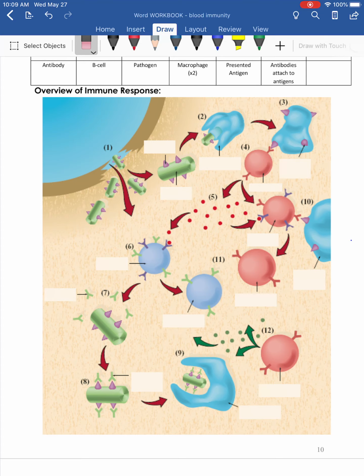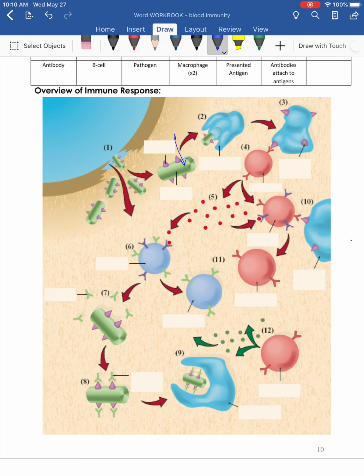The third line of defense is a specific defense against very certain antigens. So I'm going to walk us through this overview of the immune response here, filling in the blanks. All right, so what we have here is at number 1, something is clearly entering the body.